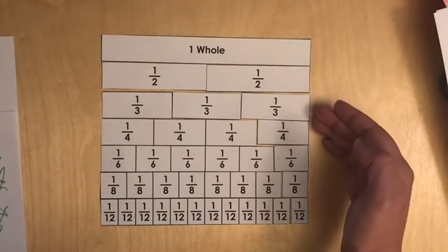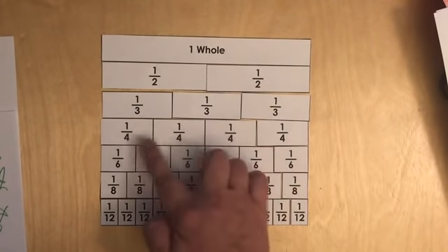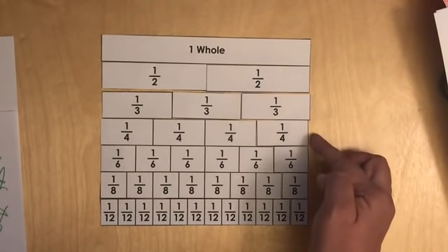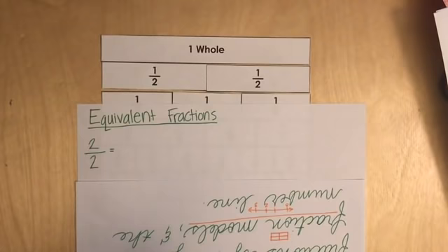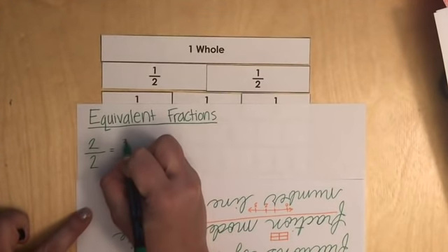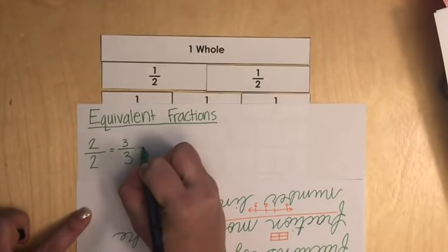I see that my column with 1/4, so if I have 4 1/4, that's the same. 6/6, 8/8, and 12/12, because they're all equal to 1 whole. So now on our notes, we can write those down. 2 halves equals 3/3, which also equals 4/4, which also equals 6/6, which also equals 8/8, which also equals 12/12. And I think that's all the ones that we have.